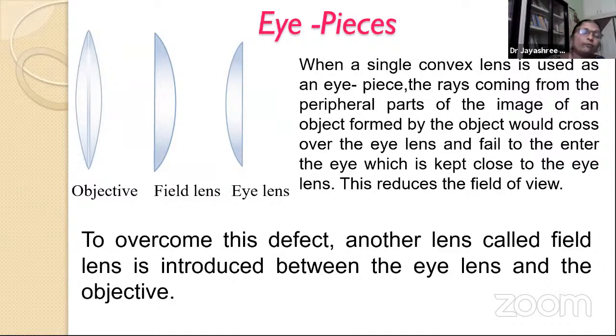However, the focal length of a lens cannot be decreased beyond a certain limit. Naturally, a lens of small focal length has a smaller diameter because the curvature of the surface is very large, and the field of view is very small.